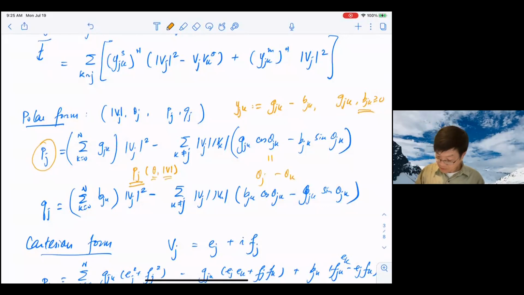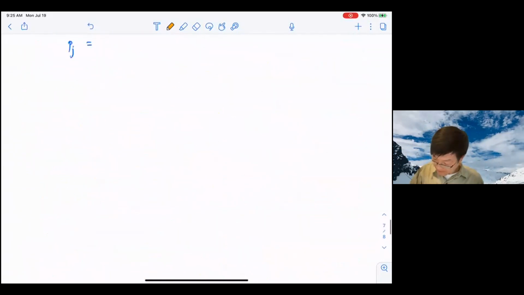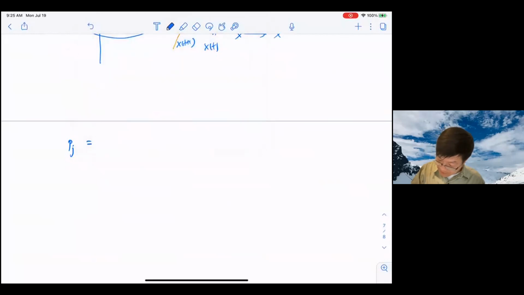So this equation is simply Pj equals Pj as a function of theta and v, which is a nonlinear equation we're trying to solve, and similarly for Q. So the equations we try to solve using Newton-Raphson are Pj, which is a scalar, equals Pj as a function of theta and v, and Qj equals Qj as a function of theta and v. That's a nonlinear equation, and we know how to solve them using Newton-Raphson.